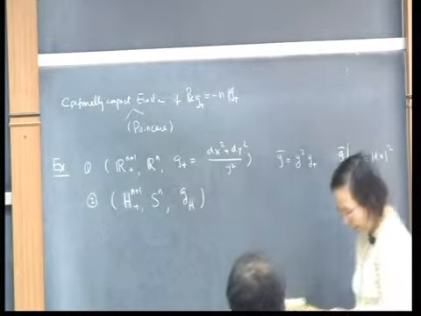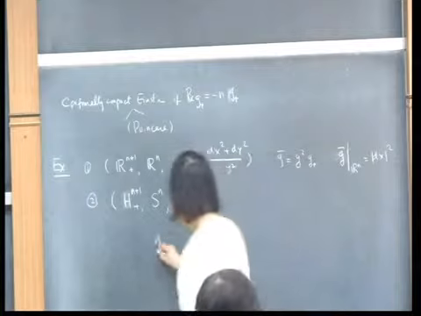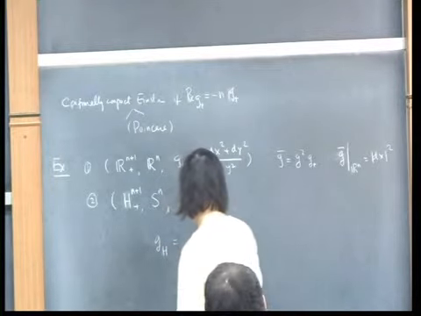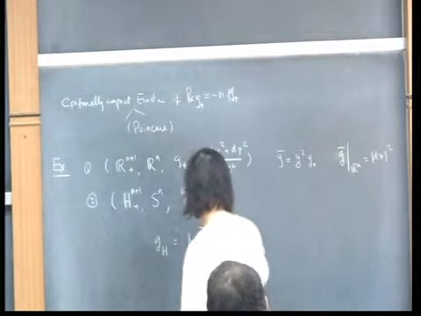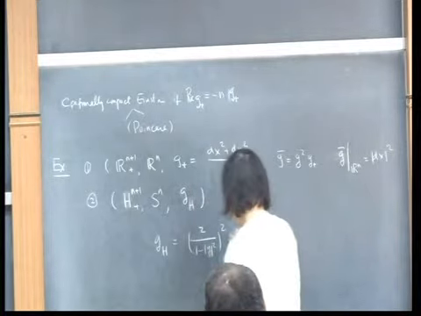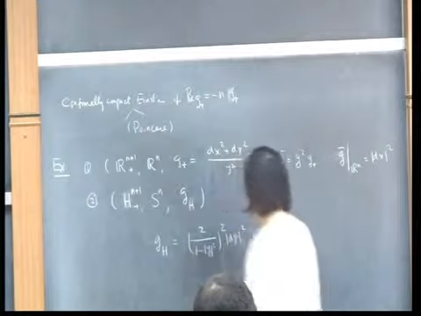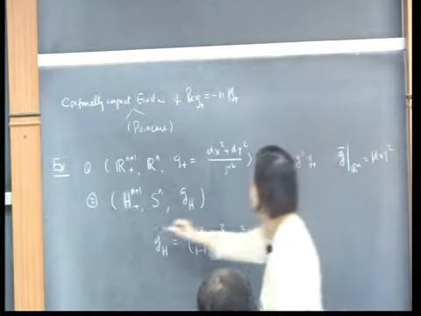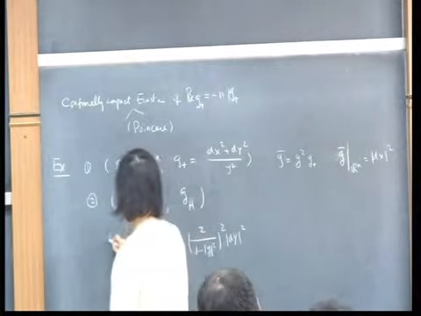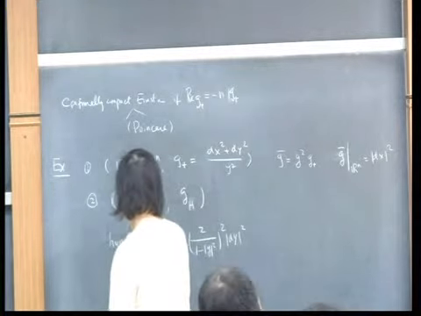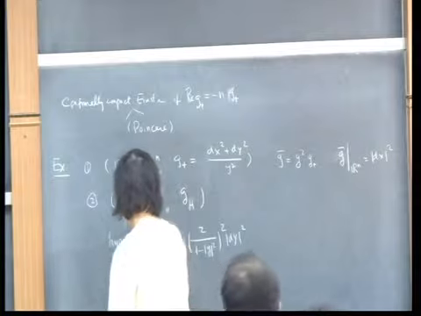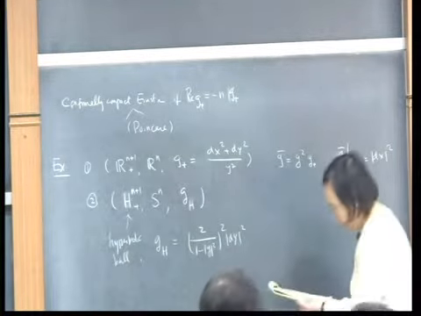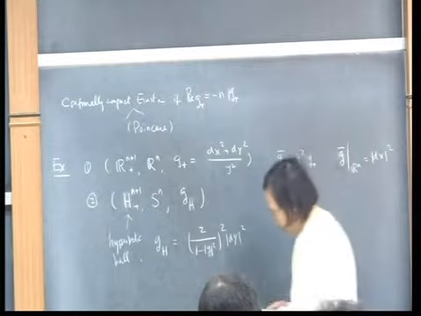So g_H we can think of as 2 over (1 minus y squared) times dy squared. So this is the hyperbolic metric, the Poincare ball.